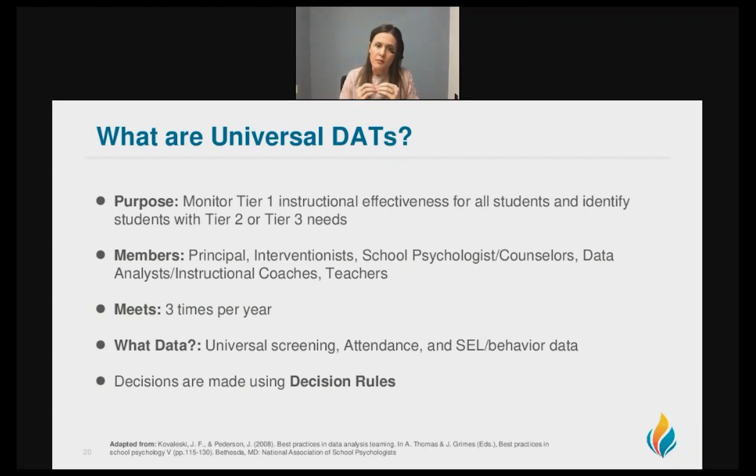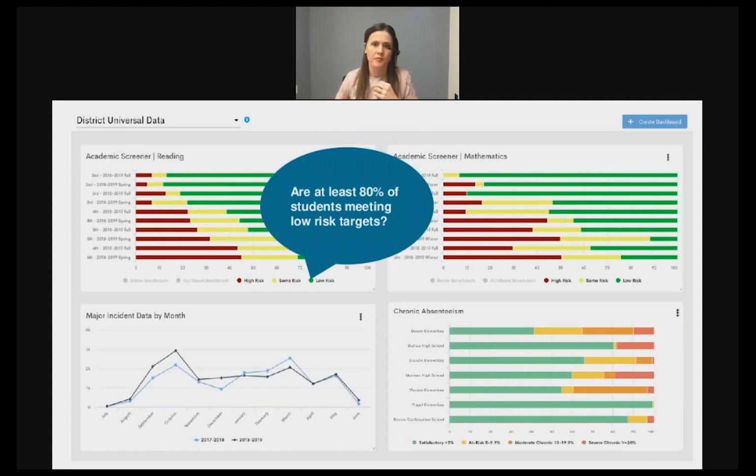But what's really going to be important is that we have identified some decision rules. So we have a game plan in place for us to think through the data that we have to be able to evaluate and make decisions on the spot. So some of the questions you would want to be asking, okay, now what part after you start analyzing your data, are at least 80% of our students meeting low risk targets?